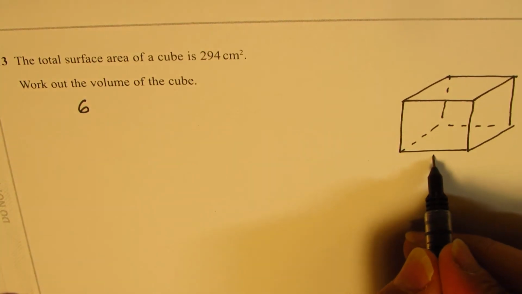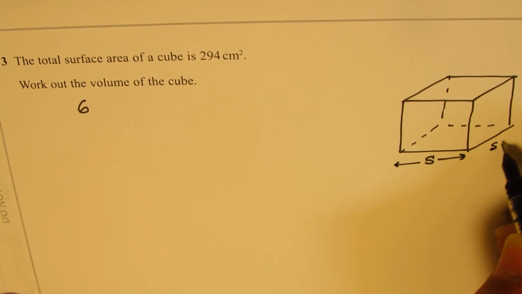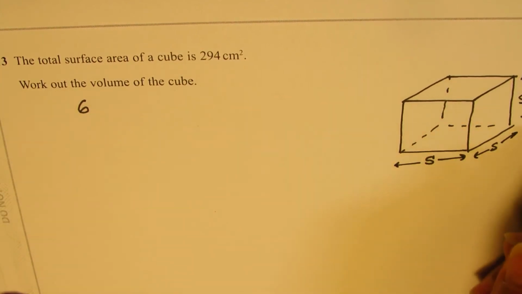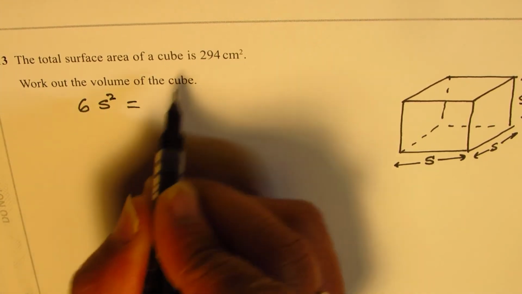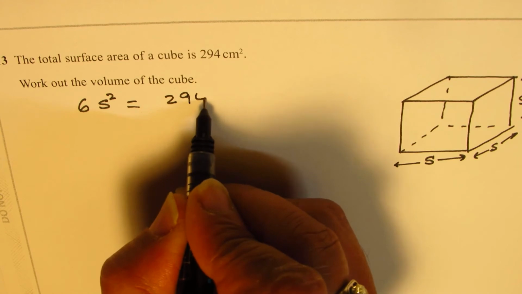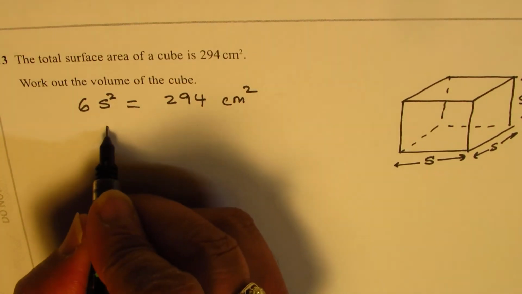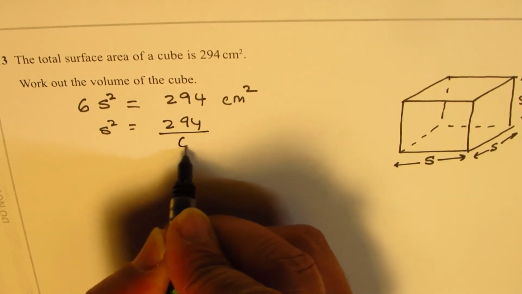faces, and let's say each side length is S, right? So each side length is S, right? So in that case, area of each face is S square, and the total area is given to us as 294 centimeters square. Clear? So we can find S square by dividing 294 by 6 first.